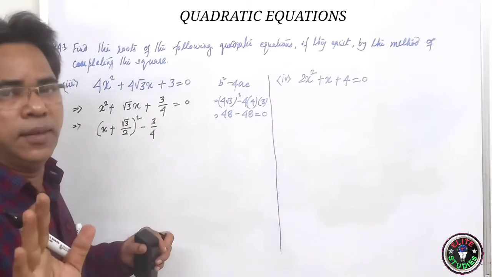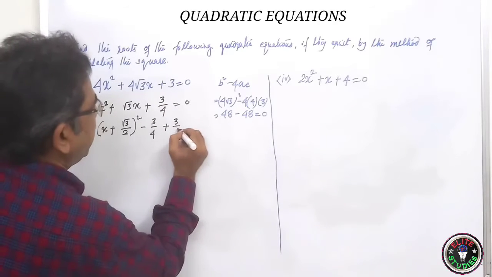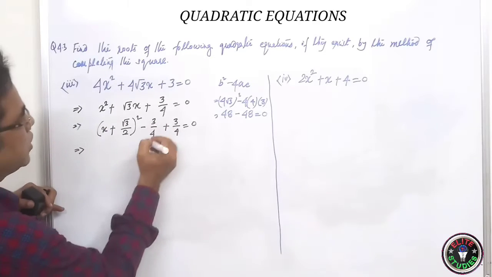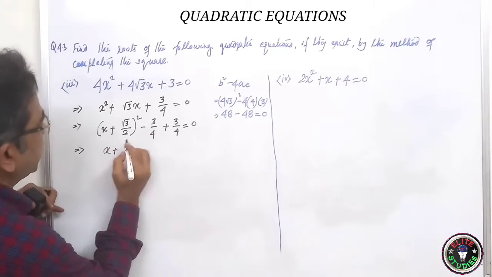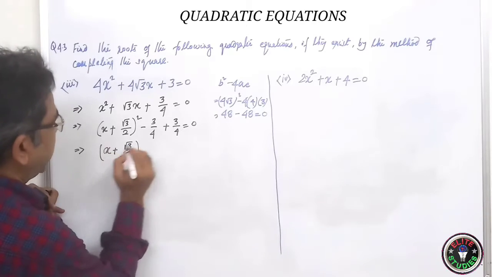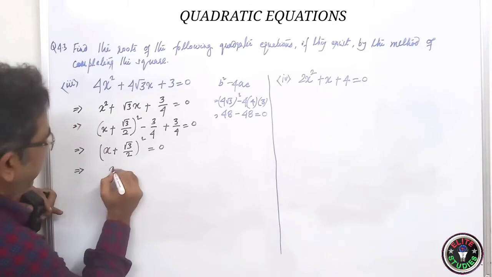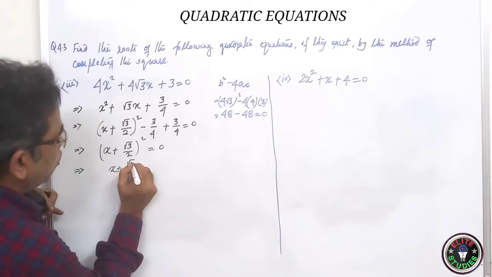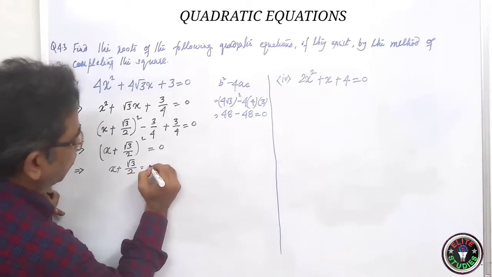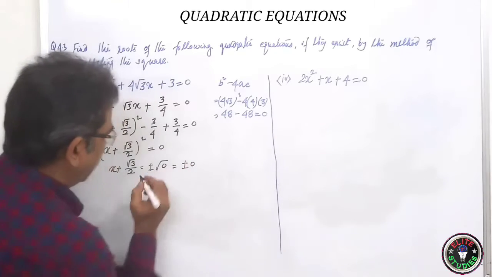Simple trick. Then it is my plus 3 by 4 is equal to 0. So this cancels out. So you will have x plus root 3 by 2 square is equal to 0. So implies x plus root 3 by 2 will be equal to plus minus square root of 0. That is equal to plus minus 0.